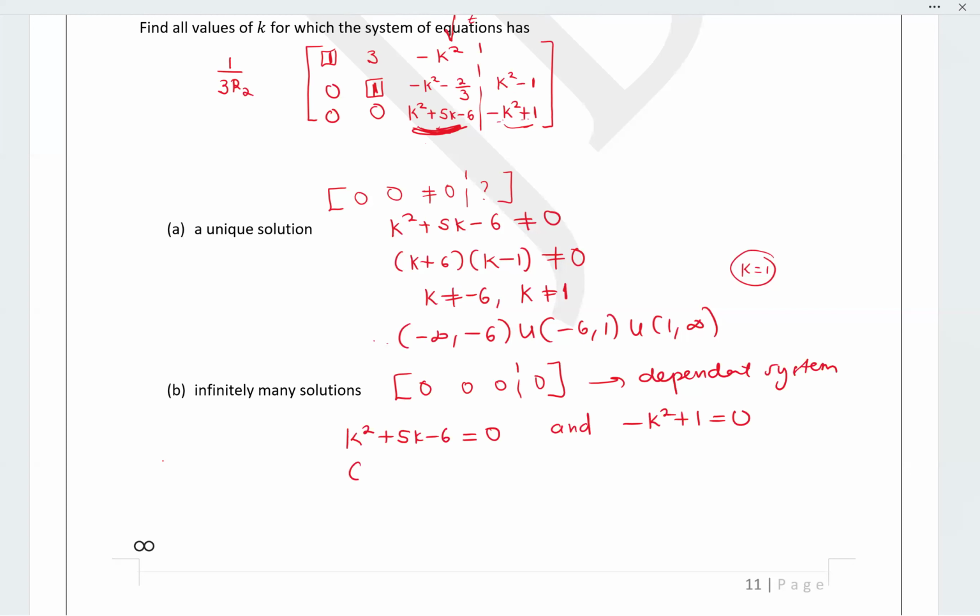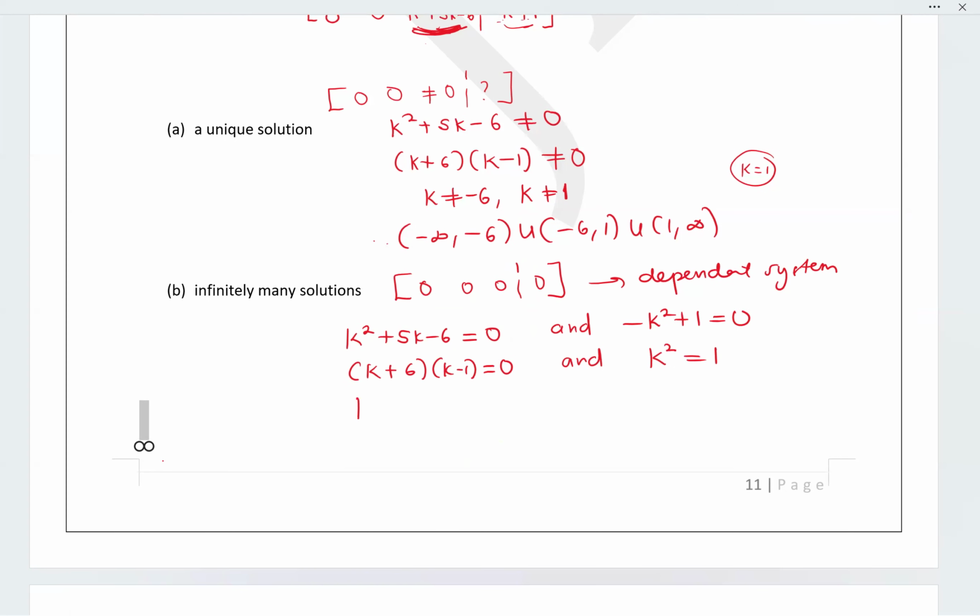So if you solve this one, this equals 0. And here, it means that k squared is equal to 1. And this means k is equal to minus 6, k is equal to 1. And here k is plus or minus 1.